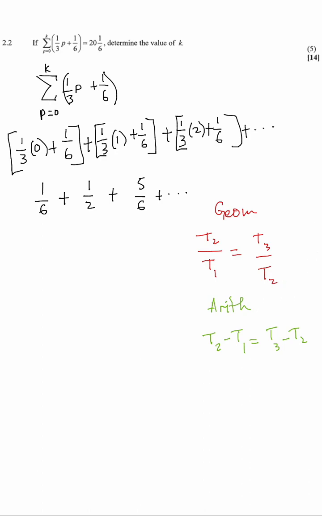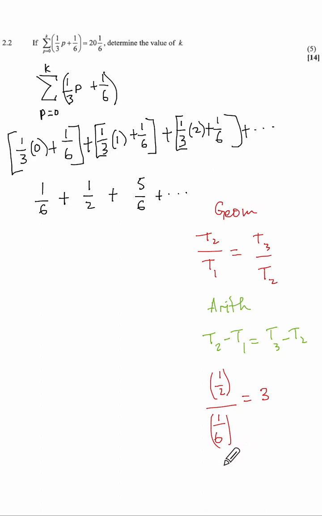So let's quickly find that out. If I say half divided by 1 over 6, that's the second term divided by the first term, it gives me a half multiplied by 6, so that would be 3.